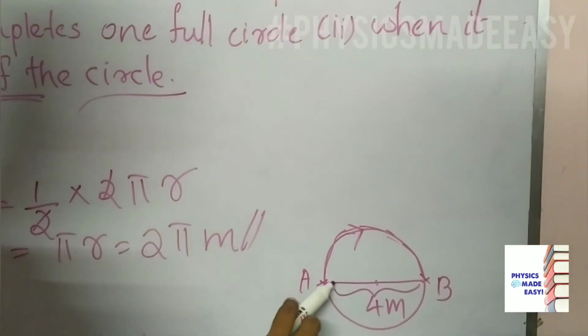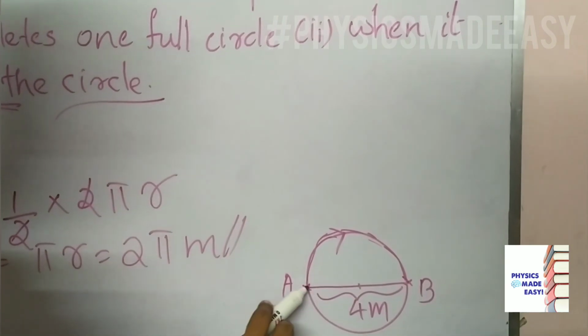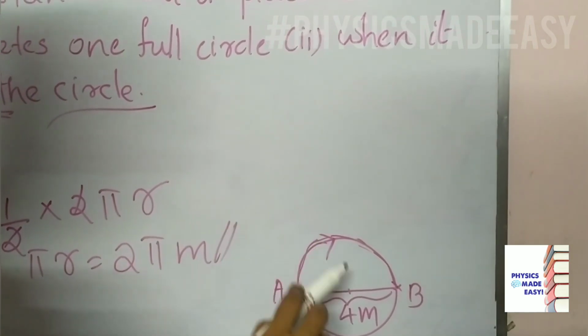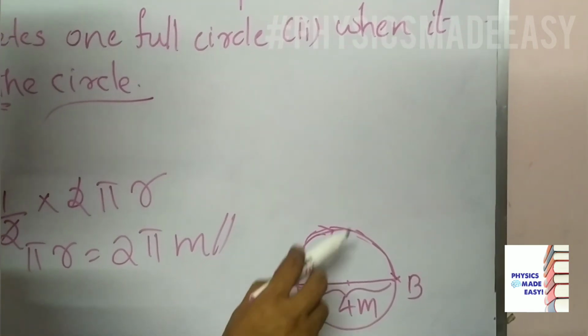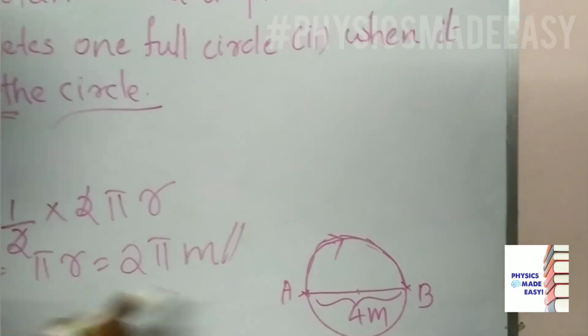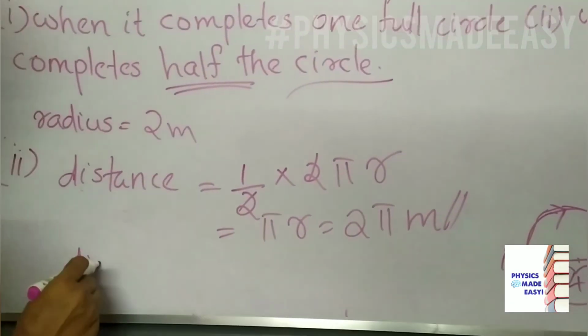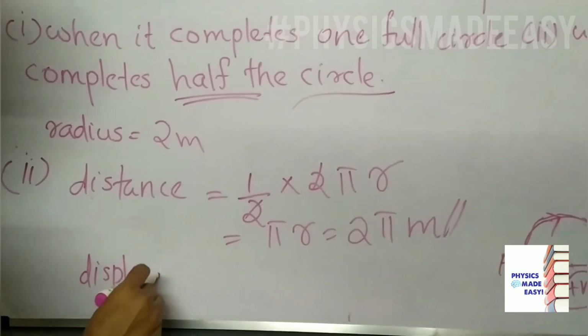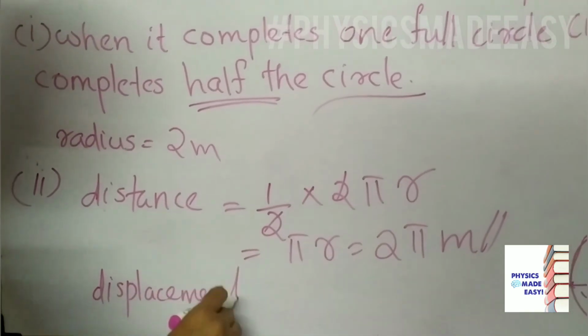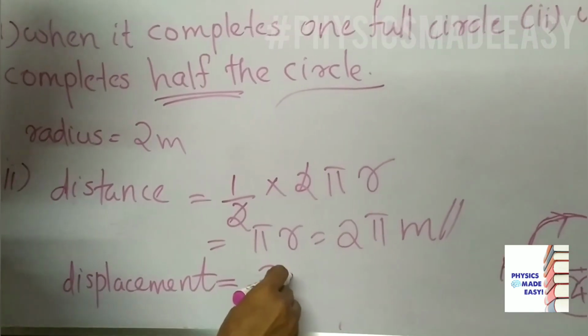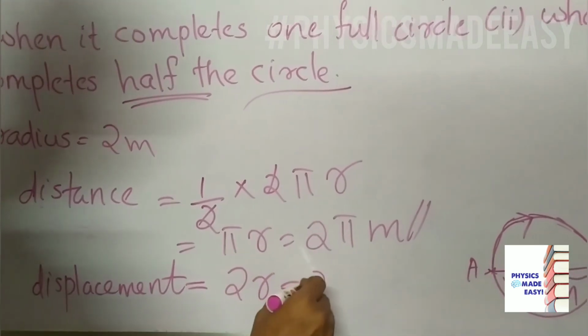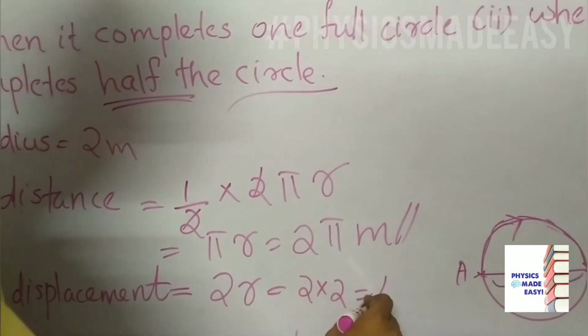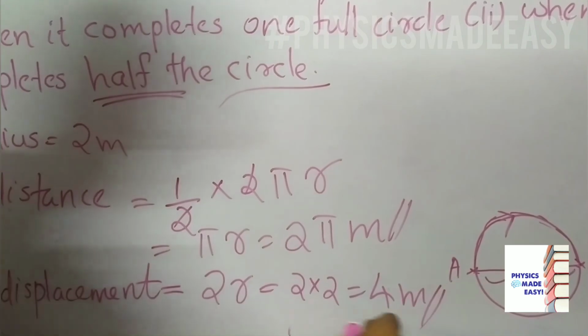If you are joining this A and B, you can see that is the diameter of the circular path. So here displacement is equal to the diameter, that is 2 into r, twice the radius. So 2 into 2, that is equal to 4 meters.